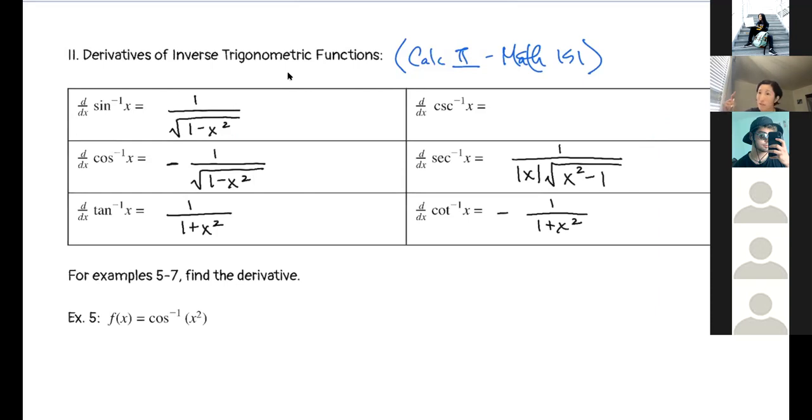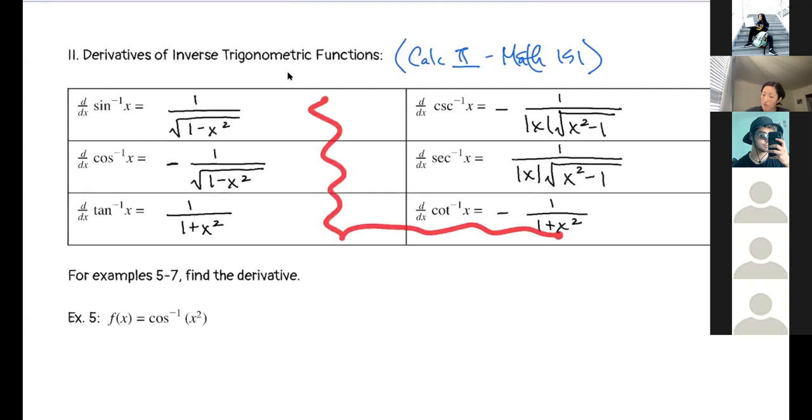Same thing, opposite sign. Negative 1 over absolute value of x square root x squared minus 1. Okay, so that's why I like to start here, head down to tangent, go across for cotangent, and then head back up for cosecant. It is not the most attractive. No, it is not. Okay.